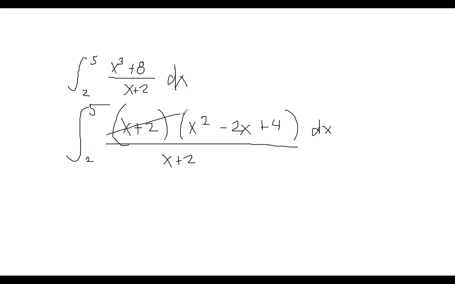You can see we can eliminate x plus 2, which leaves us with x squared minus 2x plus 4.